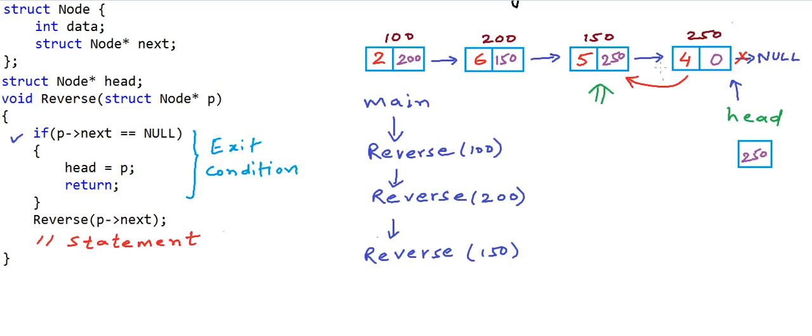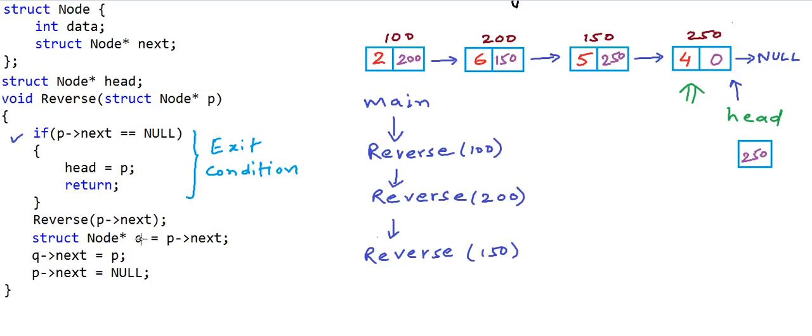So we will build this link, and we would have to cut this link and make this guy point to null, and that's how nodes till address 150 will be reversed after we finish this call. So I've written these 3 lines in my function that will execute after the recursive call. So they will execute when the recursion is folding up and we are traversing the list in the backward direction.